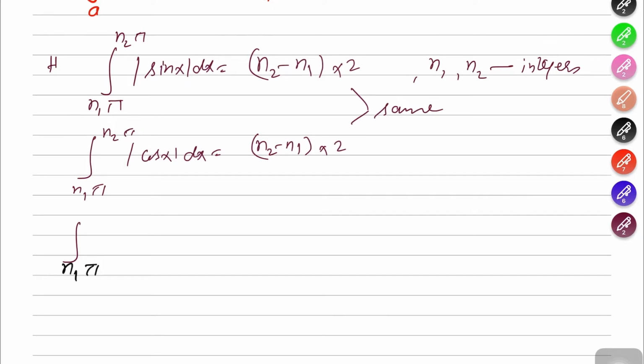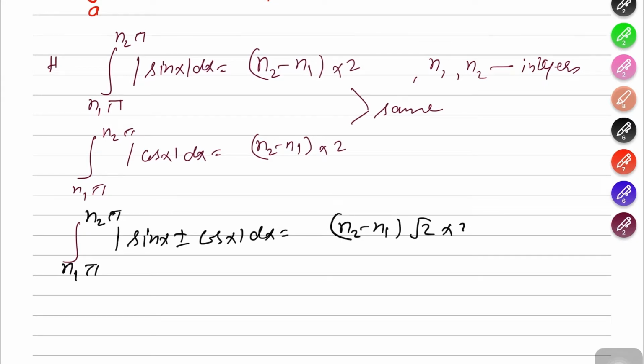Now if we have the integral from n1 pi to n2 pi of mod of sin x plus or minus cos x dx, that is given by (n2 minus n1) into root 2 into 2. So we multiply an extra term, root 2.